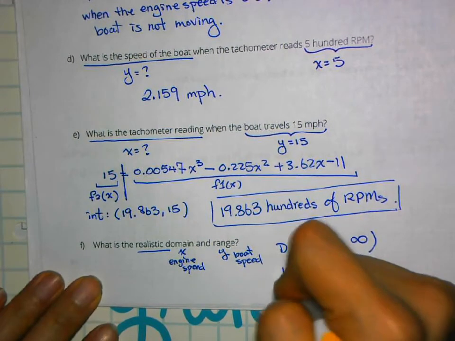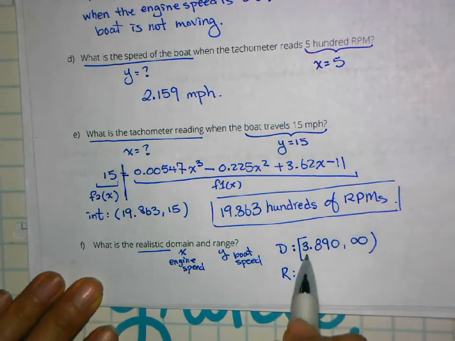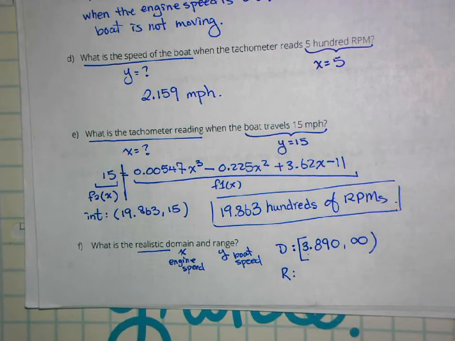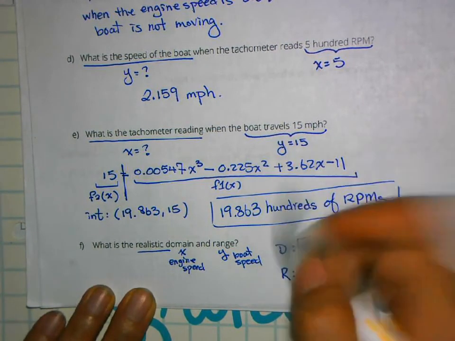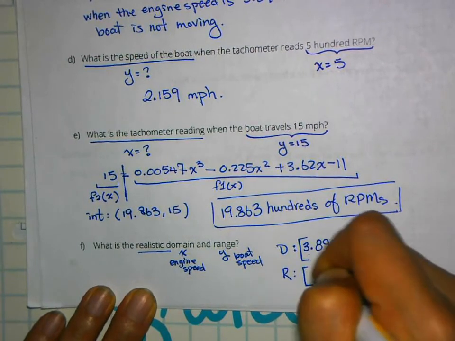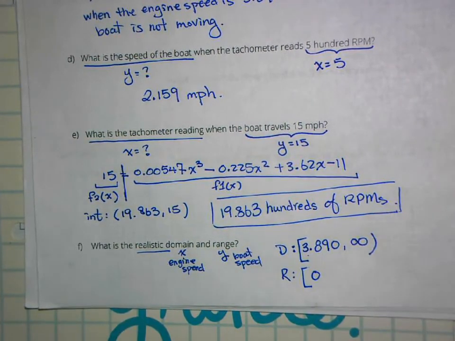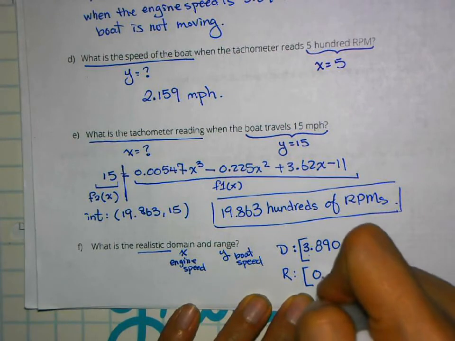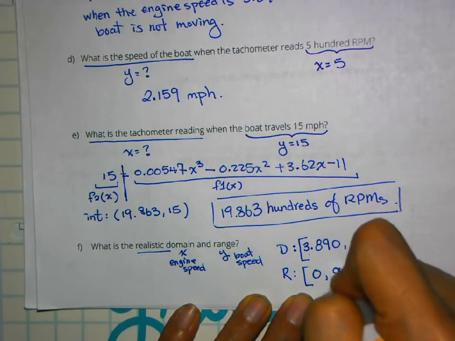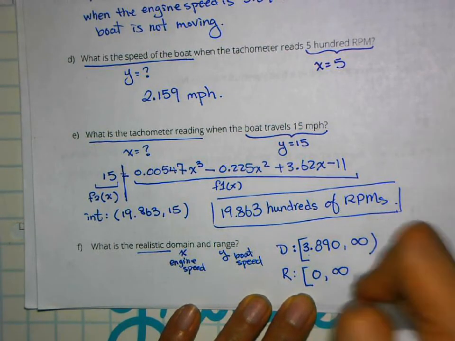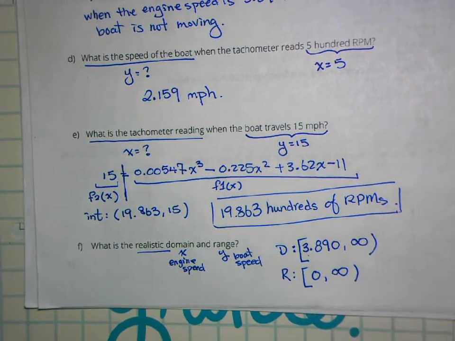And then for the range, if the domain starts at 3.890, then the range would start at 0, because the slowest that a boat can go would be 0 miles per hour, and then it can go into infinity. Depending on how high the horsepower is, the boat could go as fast as it wants.